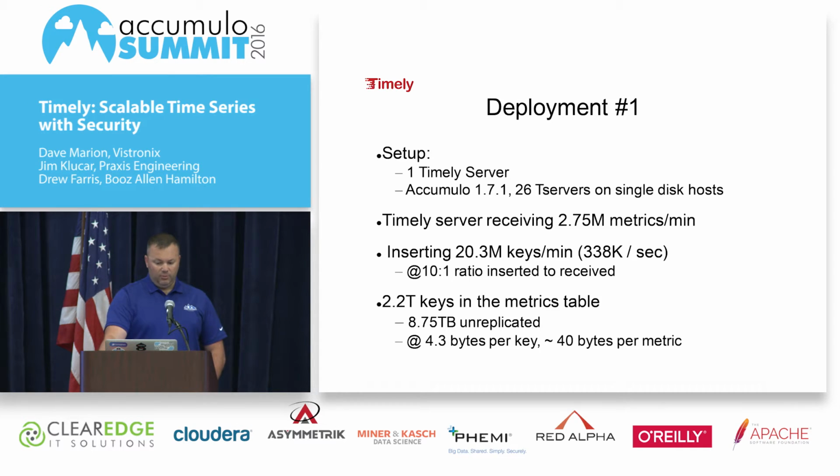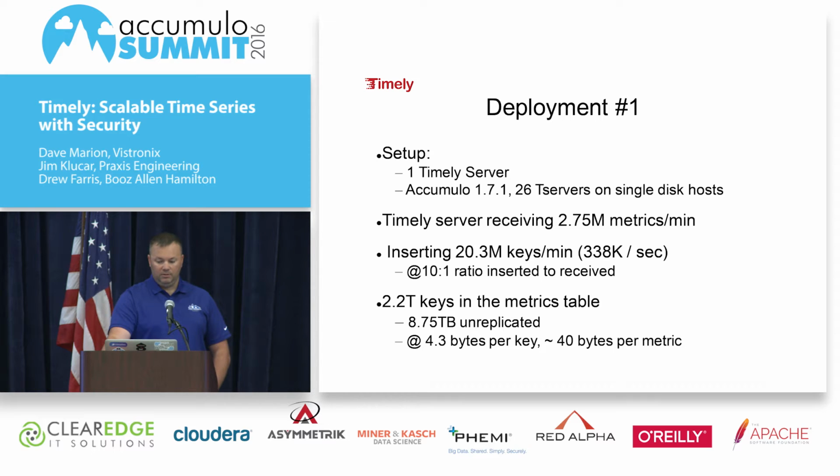So now I have a couple deployment examples. We have one Timely server running now Accumulo 1.8, at the time 1.7.1, on 26 tablet servers with single disk hosts. We had some hardware with just single disks. Timely receiving about 2.75 million metrics per minute.